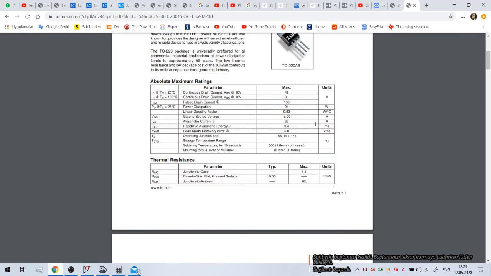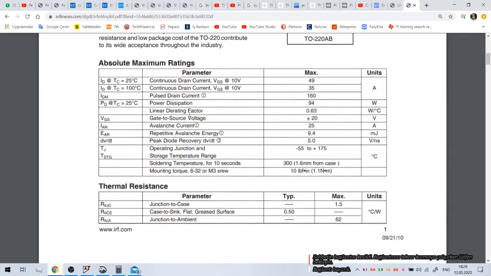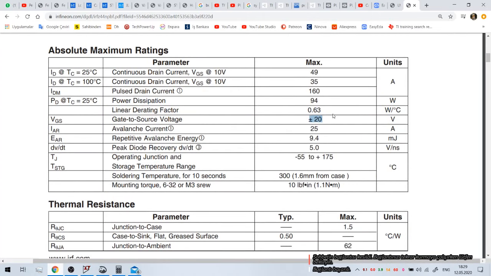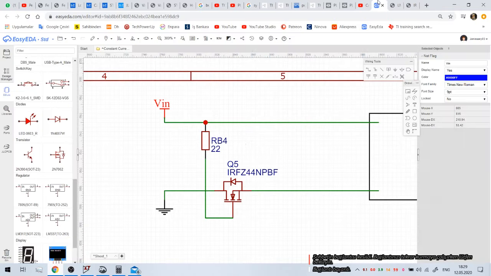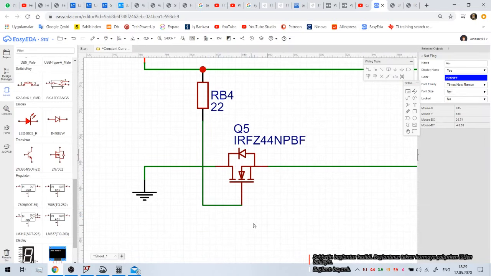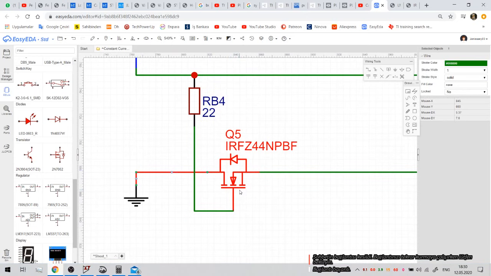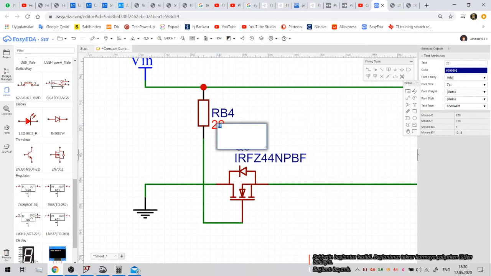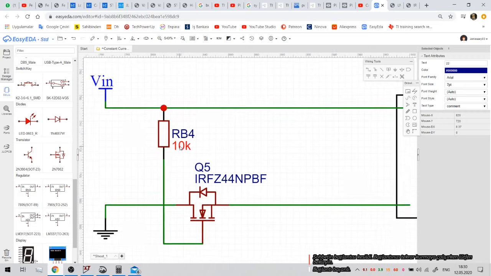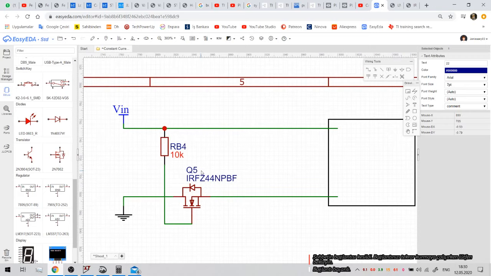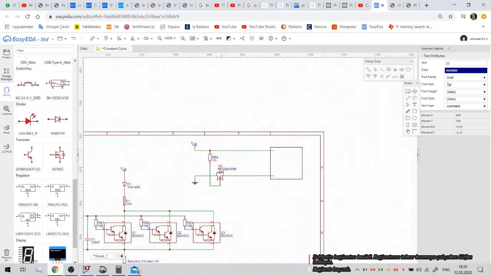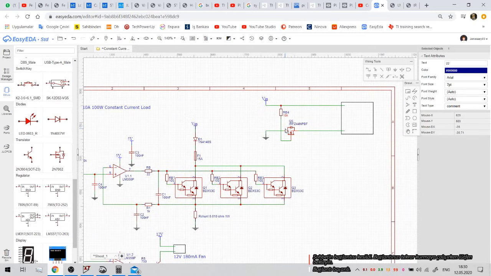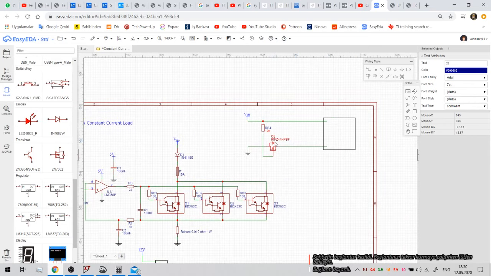You can see the gate to source voltage is plus or minus 20 volt. So we need to add a Zener diode to the gate to source voltage. It will solve it, and add maybe a 10k or 100k resistor, also not important. It will work, but I don't know if it is necessary.